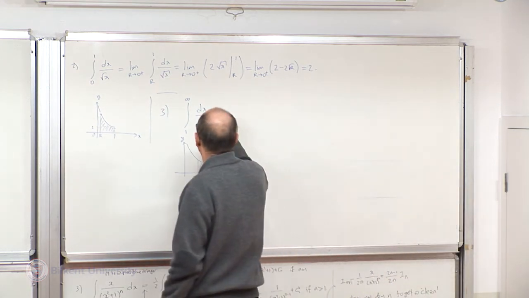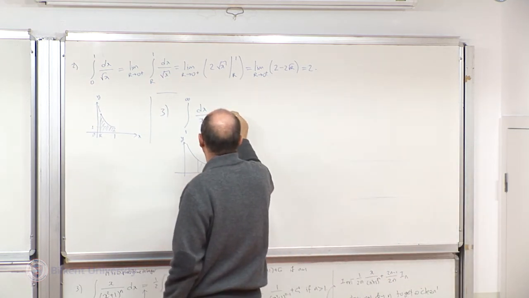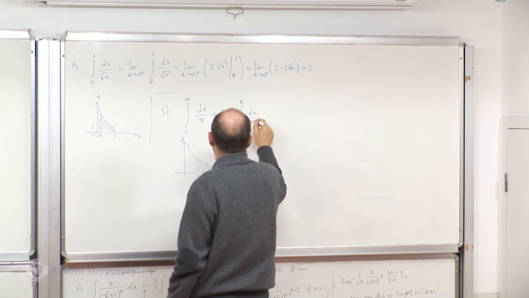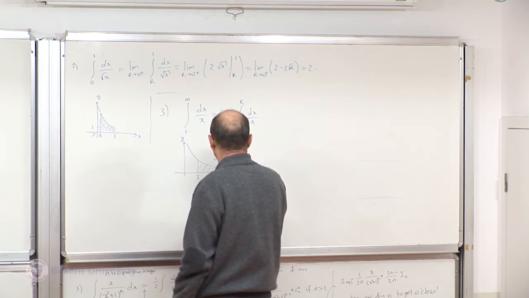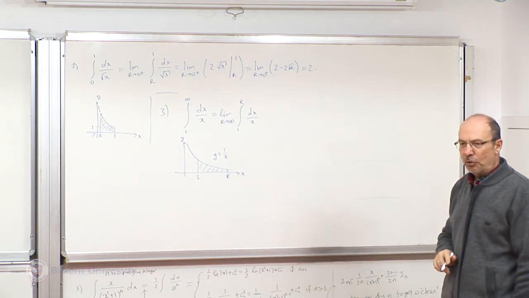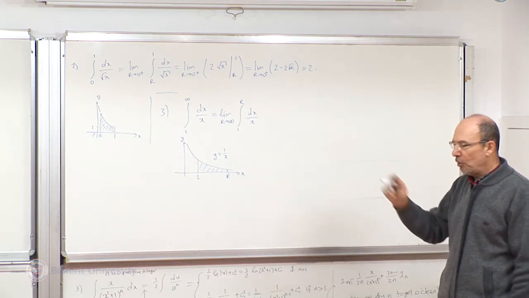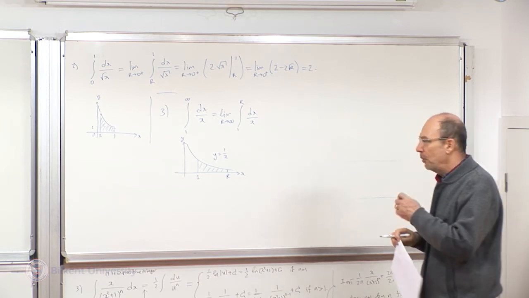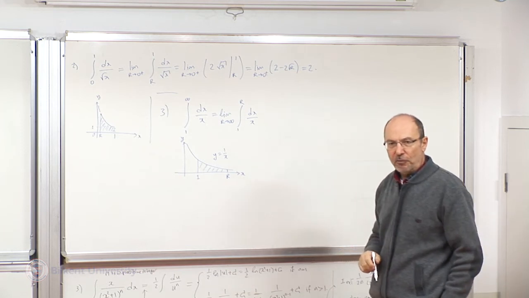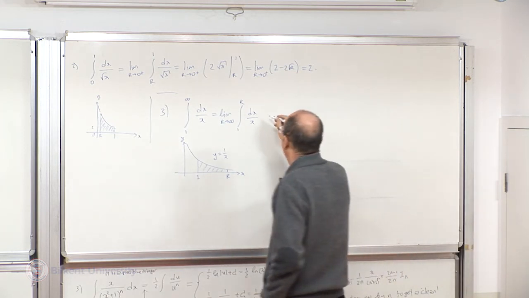So we do the theory: limit as r goes to infinity of the integral from 1 to r of dx over x. We just take an r here and calculate this area. The function is continuous on this closed and bounded interval, so this is a proper integral. In fact, we know exactly an antiderivative for this, which is ln x.